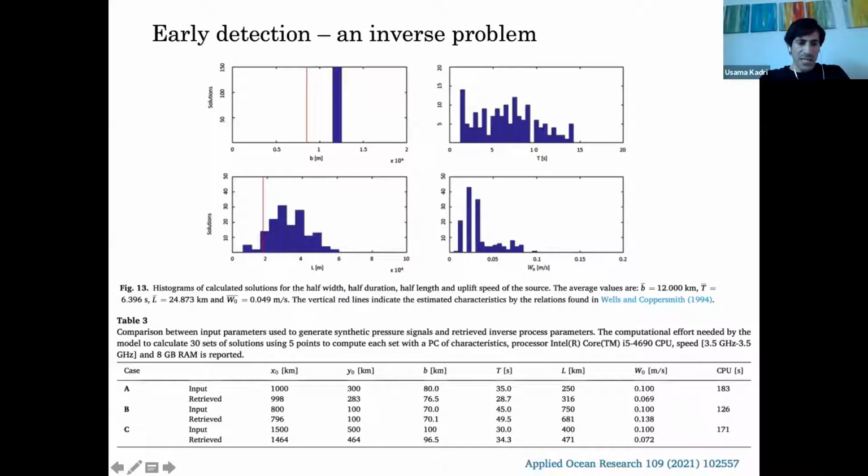For example, case C, this is the input and retrieved parameters, and you see that the retrieved parameters are very close to the input parameters, but most importantly is the time that it takes. So we're talking about almost 3 minutes to make the complete analysis of the signal and actually be able to say if you have a tsunami or not, and depending on the location and so on.